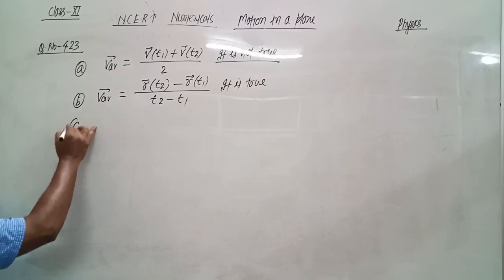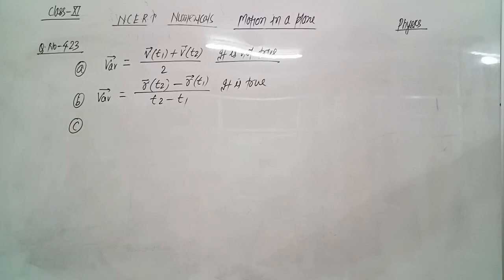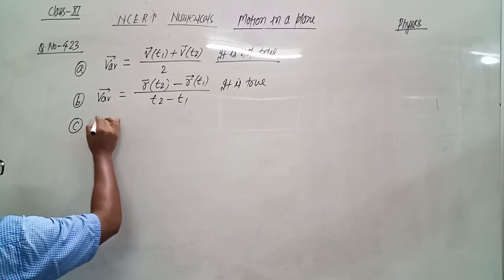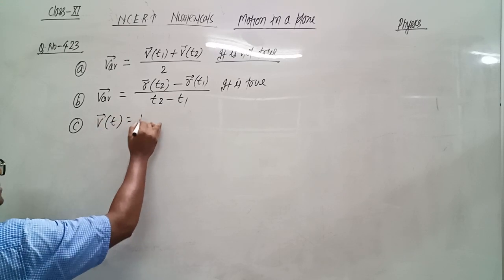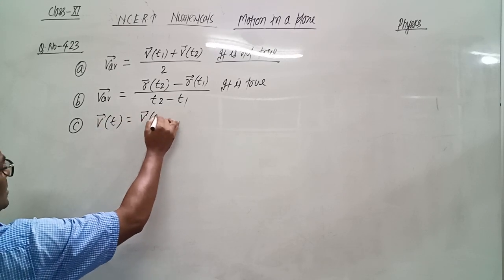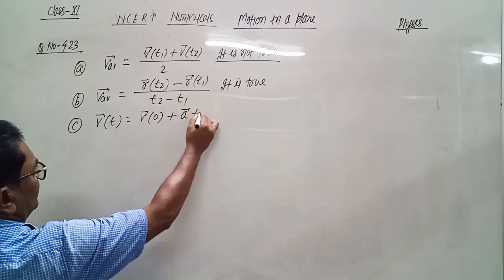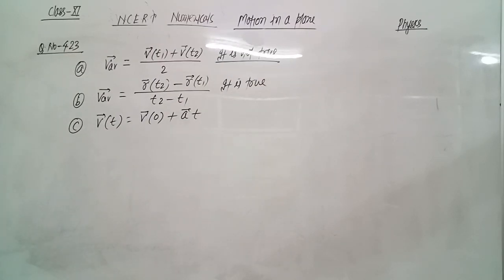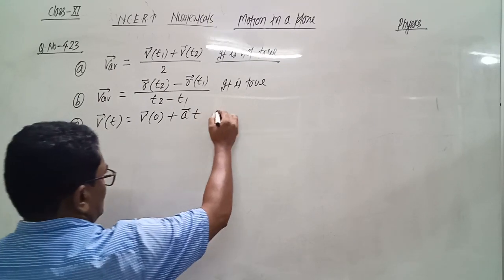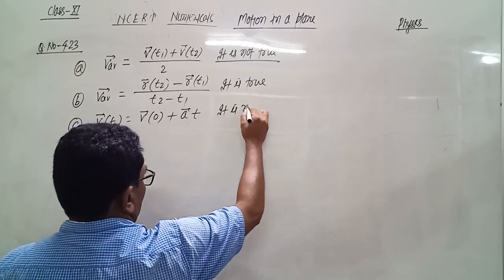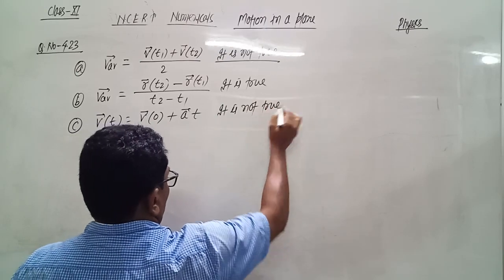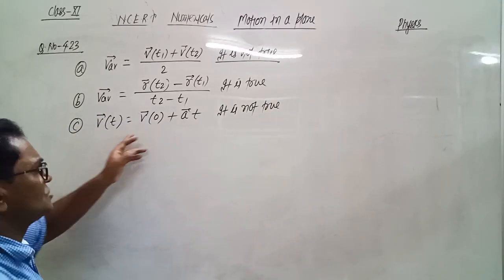The third is V(t) equals V0 plus At. Velocity at time t equals velocity at time 0 plus A into t. So this statement is also not true because in arbitrary motion acceleration is not defined. It is not true because this is the formula V equals U plus At.